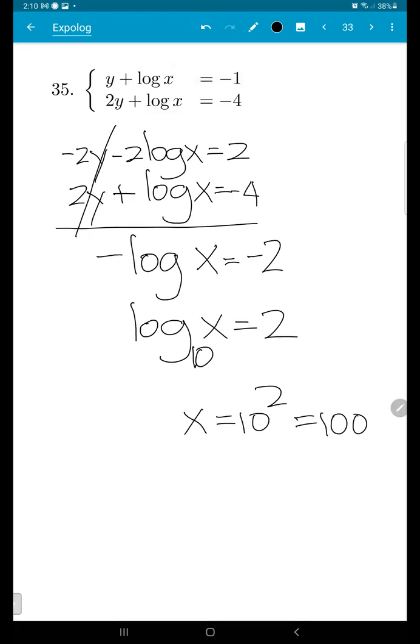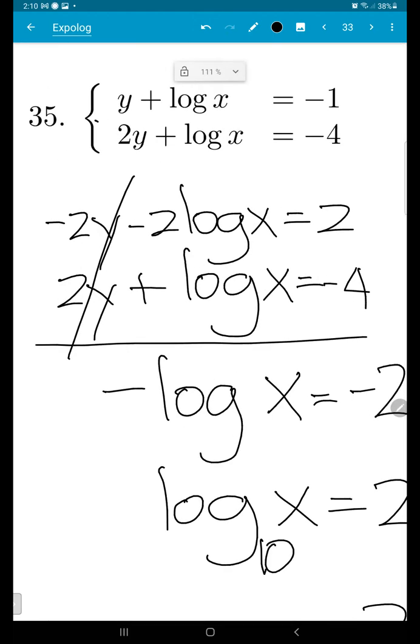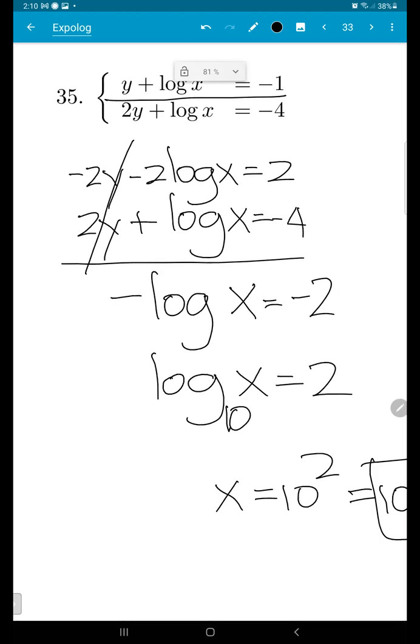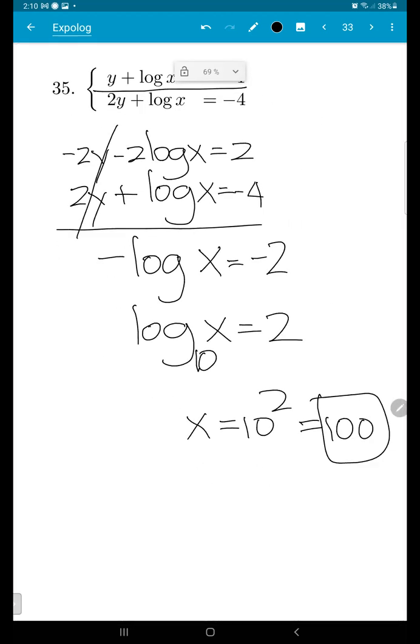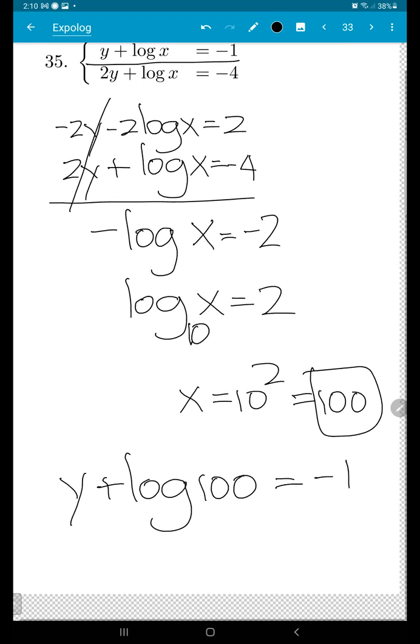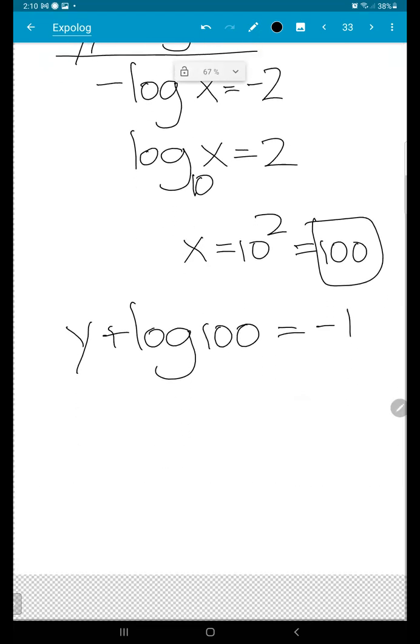Now you have just solved for x, so it remains to solve for y. And we plug that into one of the equations in the system. So let's plug x equals 100. And what is log 100?